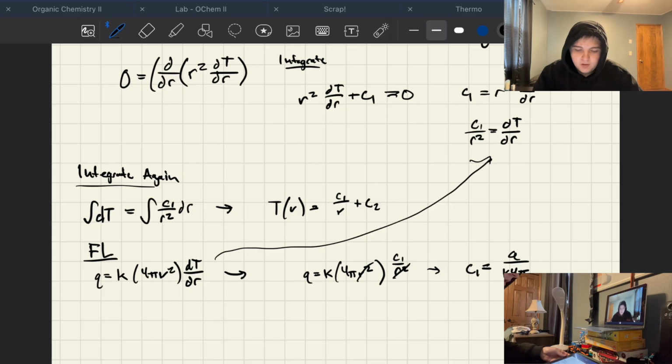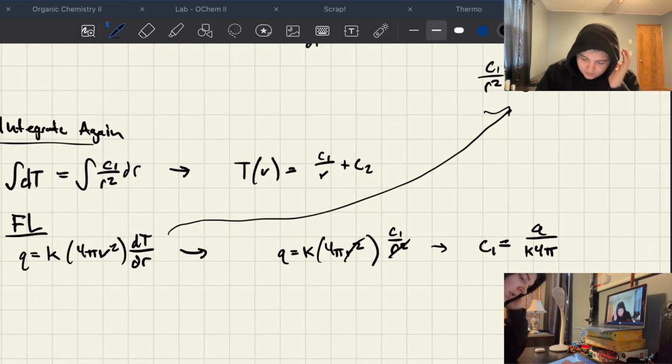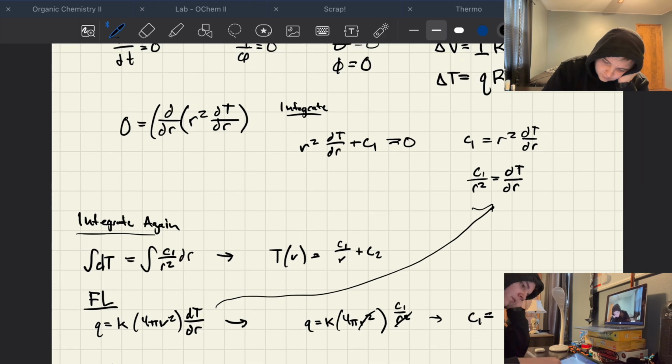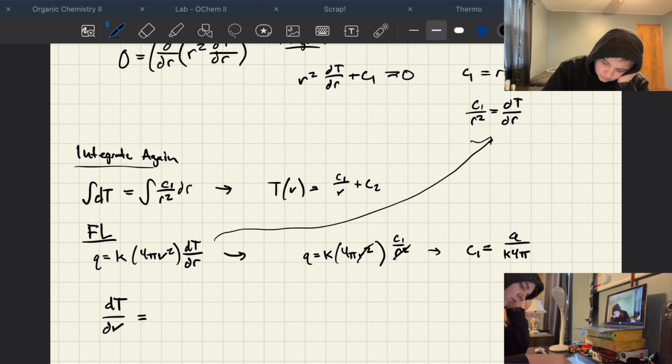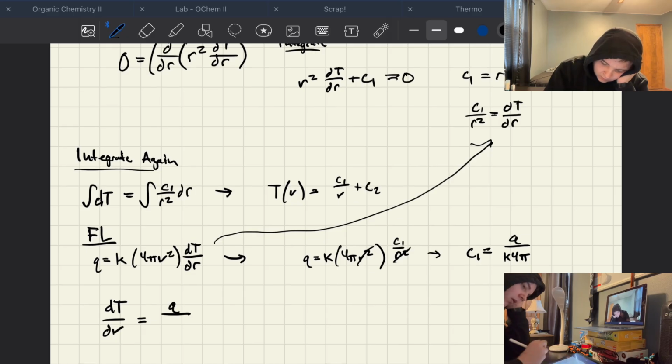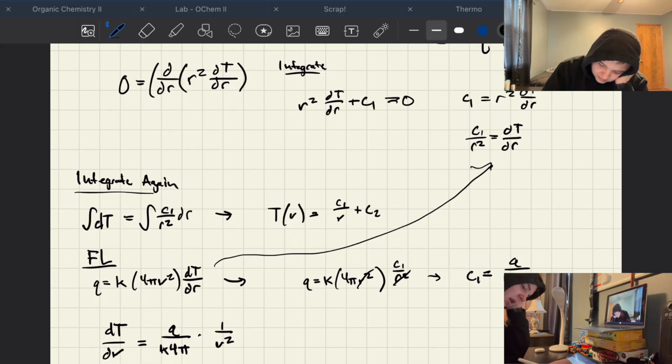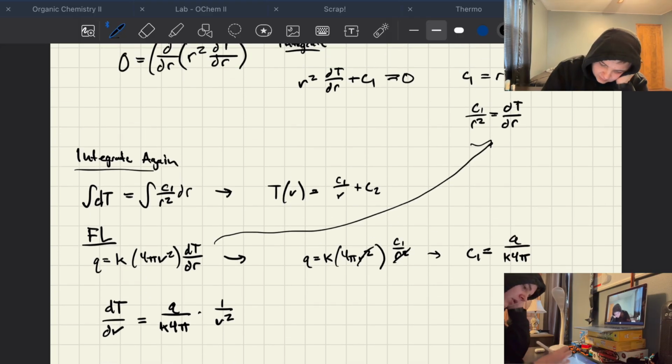Getting there slowly but surely. Then all we have to do now is we'll get dT/dr is equal to Q over K 4 pi times 1 over r squared, because we plug that back in, and then just integrate again.